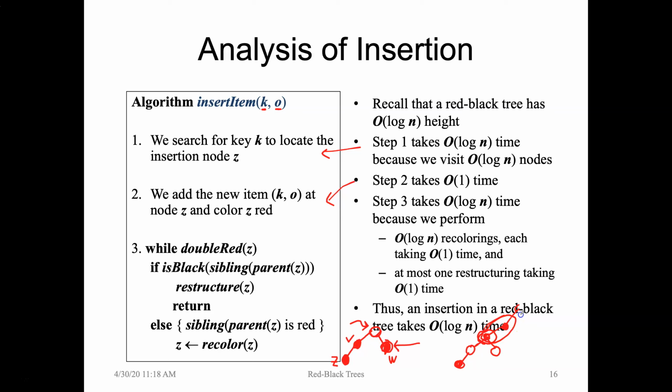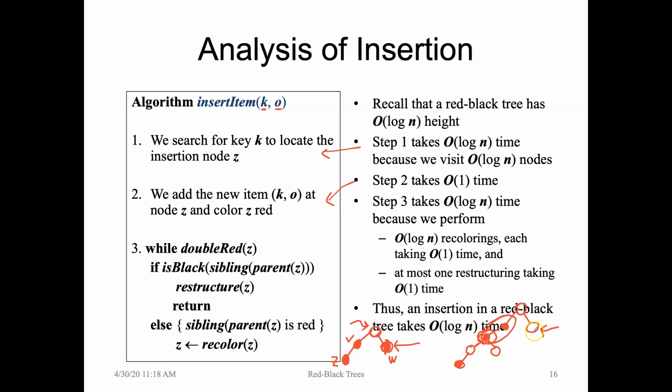Now we have its parent, and it's this sibling or uncle of this node that we had created our double red from. So again, based on the color of this uncle, we're going to determine if this is black, we can do a restructuring. Just one, we're done, we don't have to continue anymore.